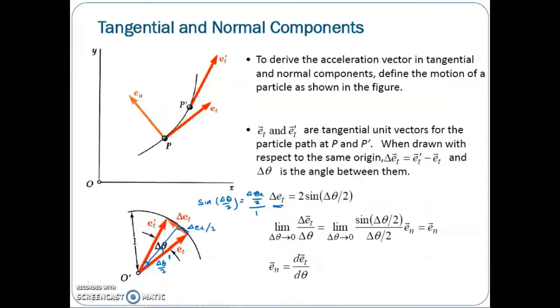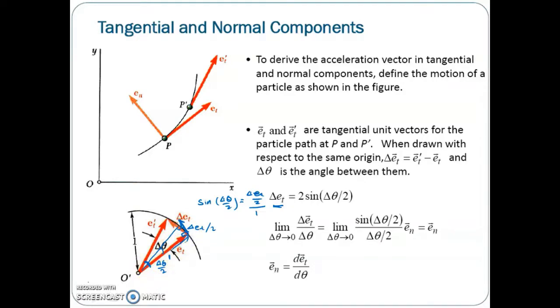When we take the limit of delta e_t over delta theta as delta theta approaches 0, the vector becomes tangent to the unit circle in these figures, and you can see that it is perpendicular to e_t.